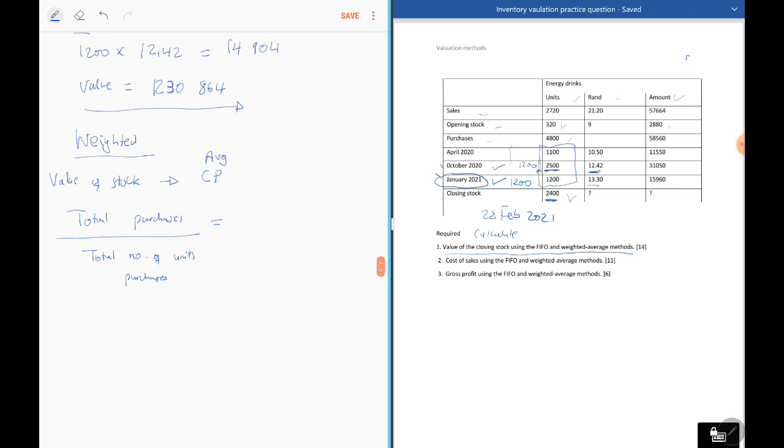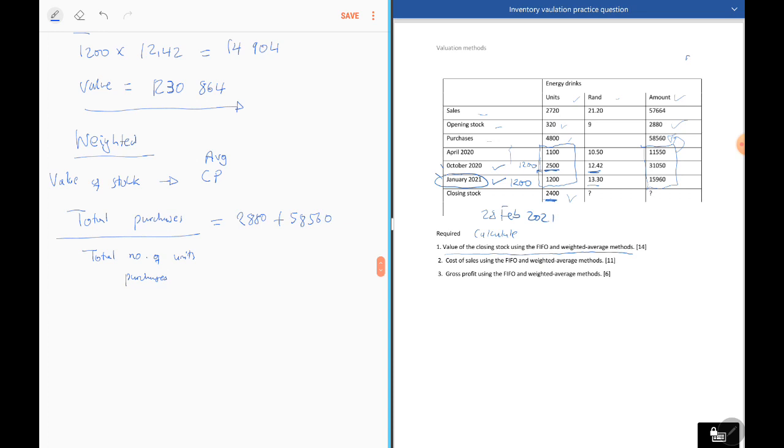It's simple. You're going to add the 2,880, because the reason being we purchased it some other time, right? So you also add the opening stock, and then you also take the total of the purchases, which is this one, plus 58,560, right?